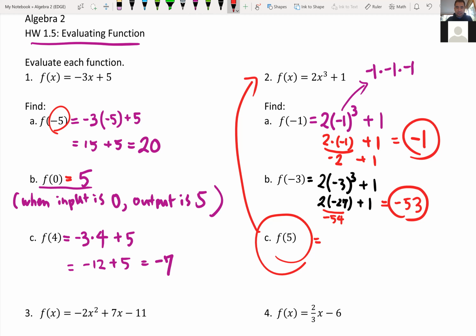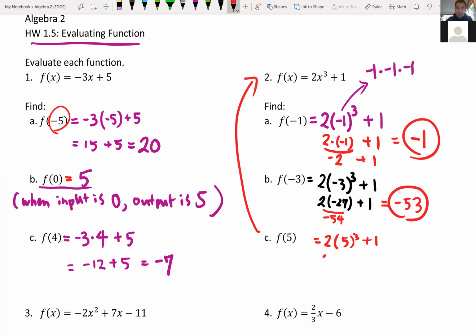You get 2 times 5 cubed plus 1. You have to do 5 to the third power first, okay? That's 5 times 5 times 5. That's 25 times 5, 125, yeah?